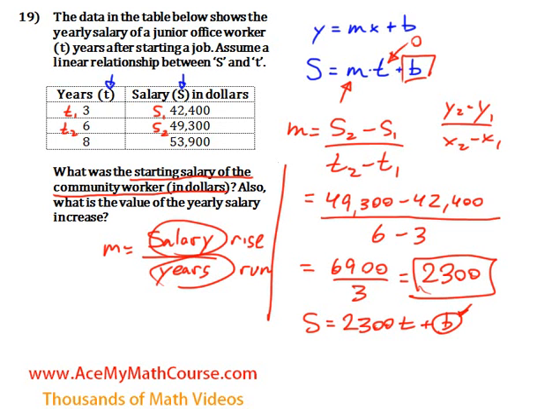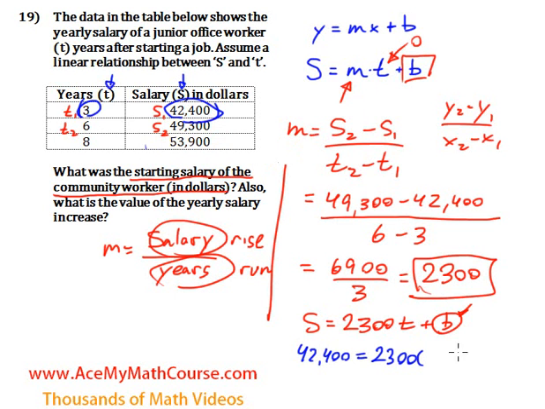Well, let me just plug in 42,400 for S and 3 for T. Because we know that these two are essentially S and T. If we were to draw a line that relates salary and years after the person starting the job, 42,400 would be a point on that line.